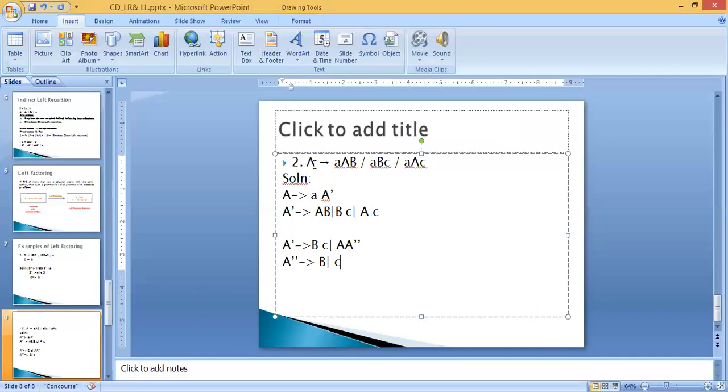So finally, since this one had one more left factoring to be done, this one has been resolved to these two. So I shall eliminate this. So finally, in my solution, I will have only these three, which is A gives aA dash. A dash gives bC or aA double dash. A double dash gives B or c.